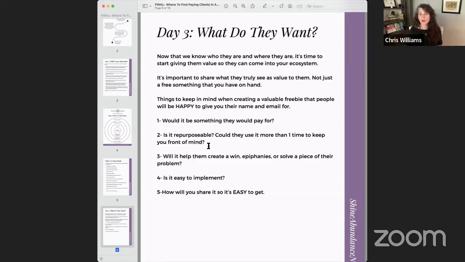So we do want to not only grow our audience and our community online, but we also want to make sure that we grow our email list so that we have a way to continue to support, to nurture, and to build those relationships through email.